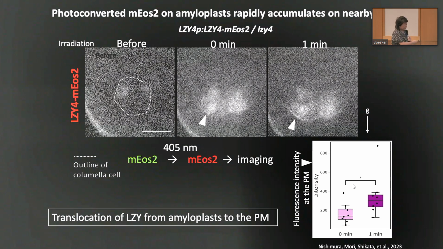Red fluorescence became visible around the amyloplast just after irradiation, and the fluorescent intensity on the plasma membrane proximal to the amyloplast significantly increased 1 minute after irradiation. So I think this result suggests the translocation of LZY4 from the amyloplast to the proximal plasma membrane.